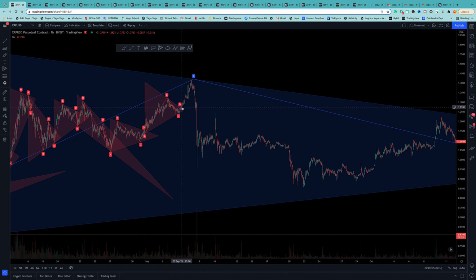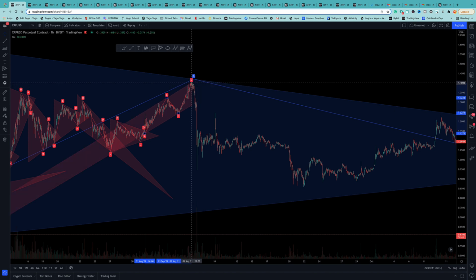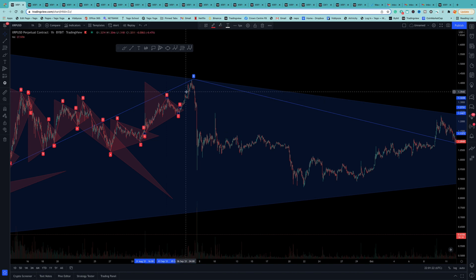Now, this is the thing. This one's messy. This one is messy because I think I struggled with this at the time as well. Where do I take that?